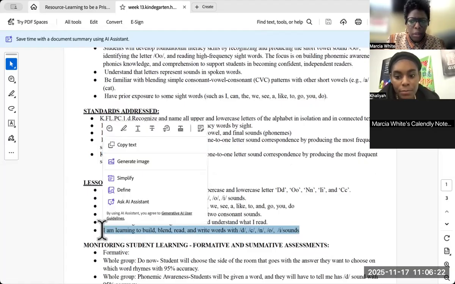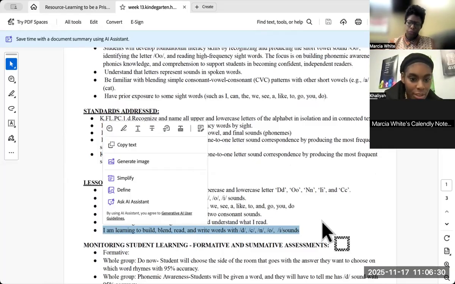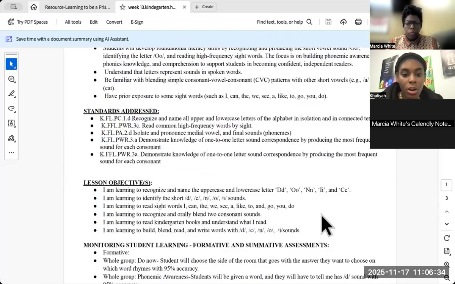I'm sorry, I'm looking on my Google Slides, so that's why I said the first. Then it's also hitting the I am able to identify the short sound in all those letters, because I will be saying the short sound of all those letters and having them write the actual letter down.